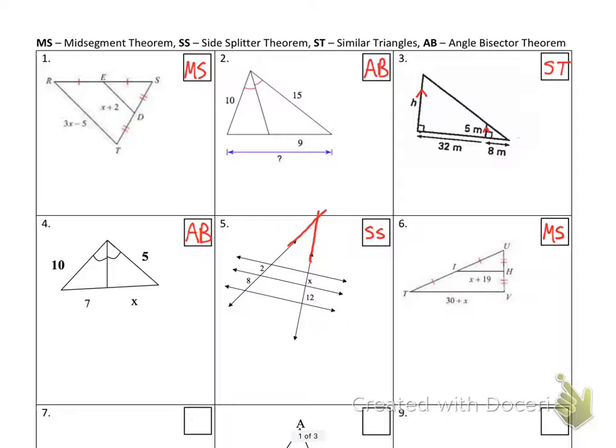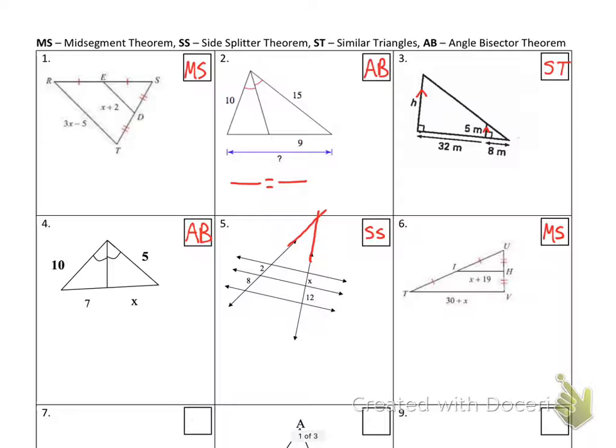You've gotten a lot of practice with these the last few days. We will set up a proportion. There we go. I heard it. All right. So for angle bisector, we're setting up a proportion with a pattern of correspondence. So we can just set that one up for number 2.